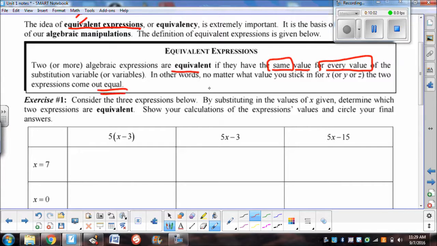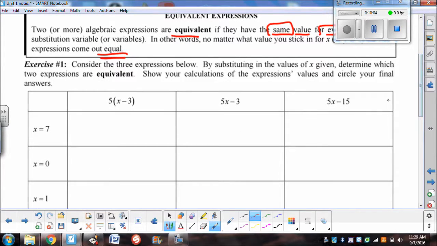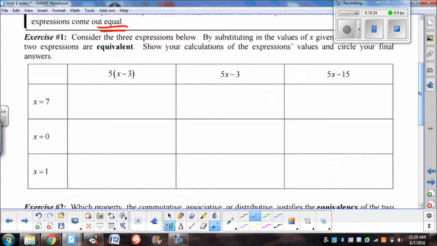the two expressions will come out to be equal. So I've got this table here, so let's kind of play around with these three expressions that are written along the top, and then these three values of x. So we're going to figure out which two of these are equivalent to each other. So you might be looking at them and you might already be able to pick out which two are going to be equivalent to each other. But let's play a little number game here.